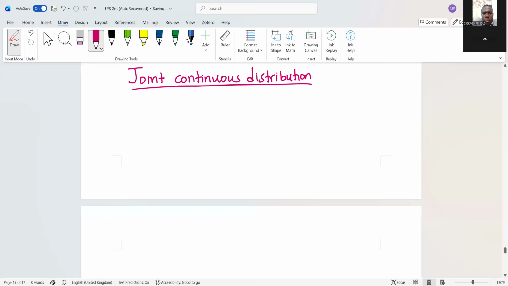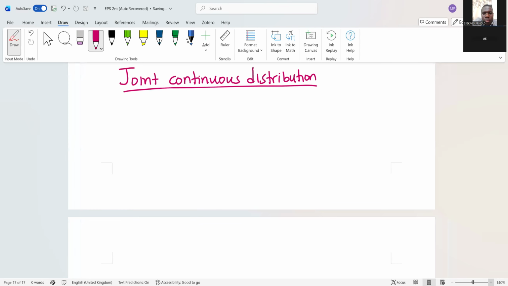Now we are back with the joint continuous distribution. Now for the joint continuous distribution, previously we saw the joint discrete distribution.